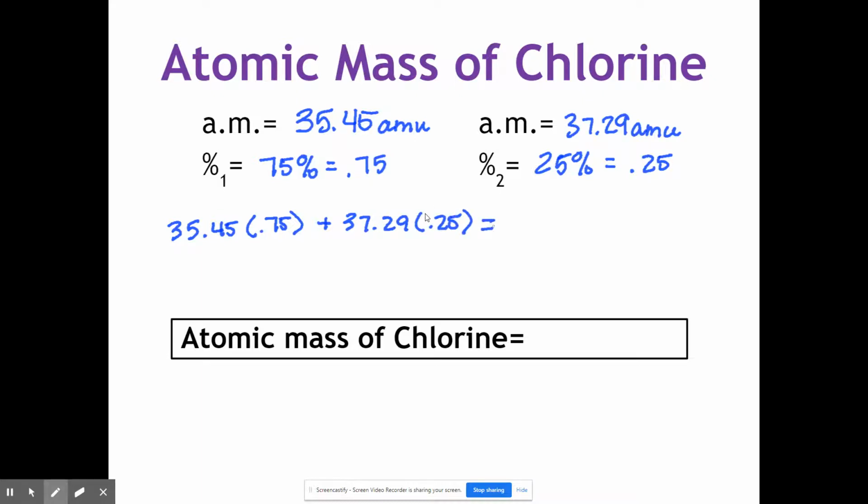Now you enter that into a calculator. When you get that entered into your calculator, you should get 35.91 AMUs. That is our answer.